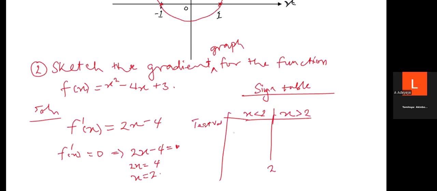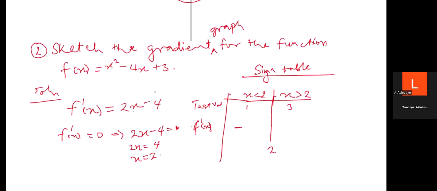Take less than 2, maybe 1, and here take 3. If you substitute 1 here, that will give me negative, isn't it? Yes, sir. If it is negative, what would that be?